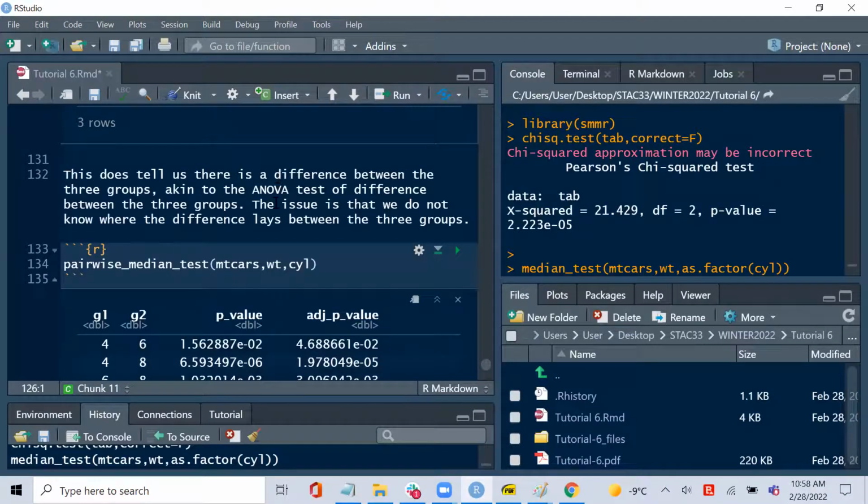So they're doing the same thing. But the issue is that, again, like before, it doesn't tell us where the difference happens to be. So we need to do something more. Even the median test has a bit of work to do, where you have to do a pairwise median test. Unfortunately, when you do a pairwise median test, you are actually doing 3 different tests across the different groups.